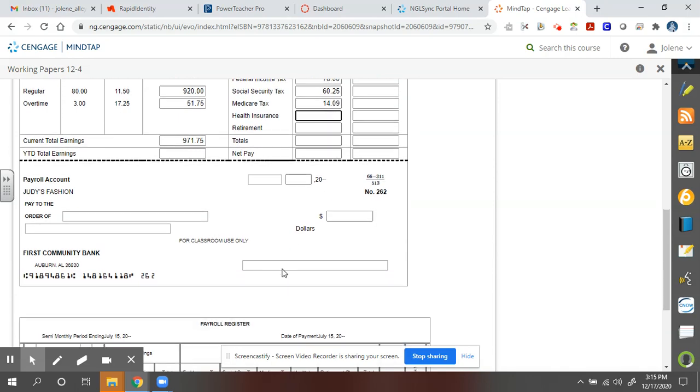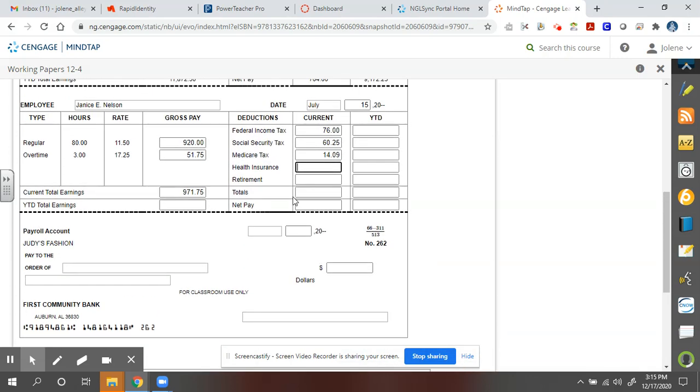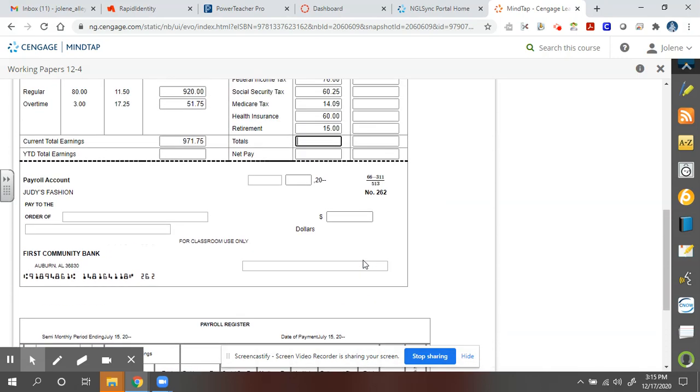And her health insurance, yeah, it's the same as his. Health insurance and his retirement, they're the same for both employees. So $60 and $15. So her total deductions for this paycheck is right here, $225.34.